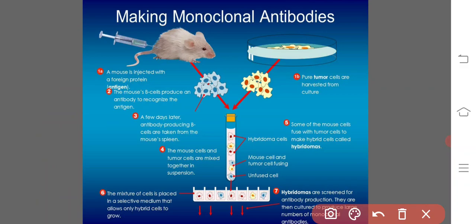For example, in mice there are 20 pairs of chromosomes in both the B lymphocytes as well as the cancer cells. Due to the fusion of these two cells, a hybridoma cell is formed which contains 40 pairs of chromosomes instead of the normal 20. What happens when the chromosomal number is enhanced?